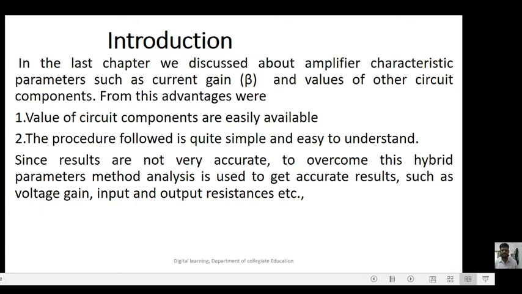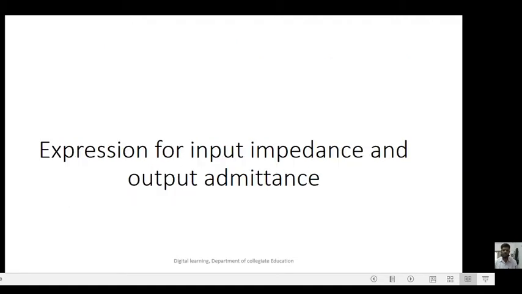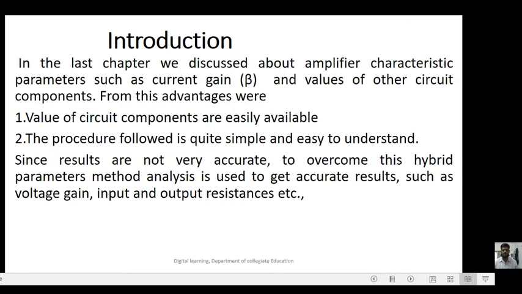So in this chapter we are going to discuss the expressions of input impedance and output admittance or output resistances.